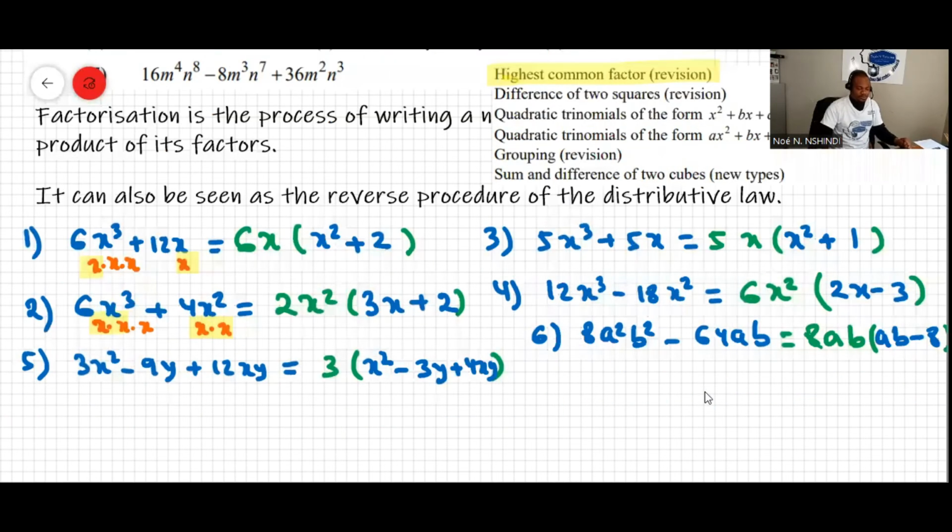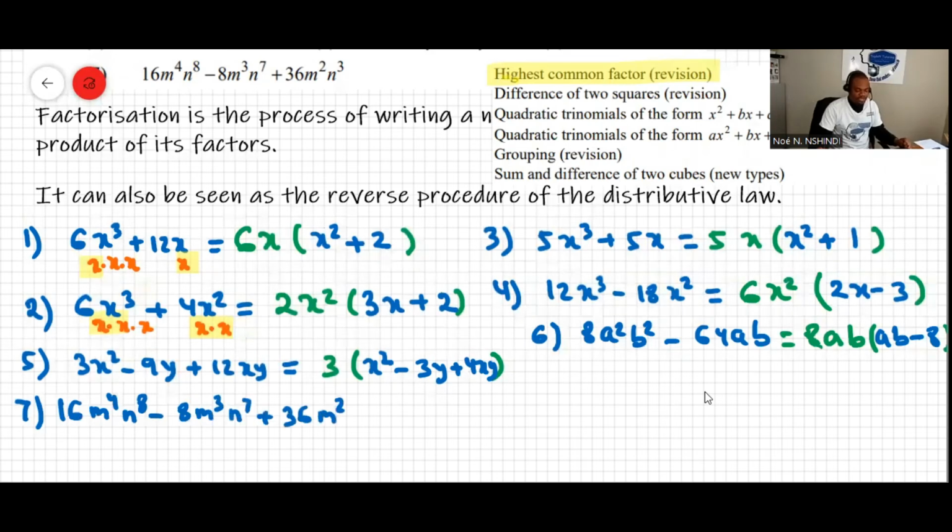Now we take question 7. That has 16 m to the 4 n to the 8 minus 8 m to the 3 n to the 7 plus 36 m squared n cubed. Let's look at the terms, the coefficients first. We have 3 terms. This is a term, that is a term, that is a term.